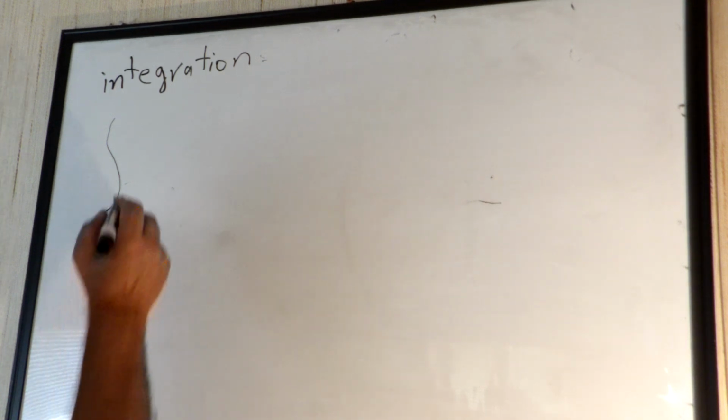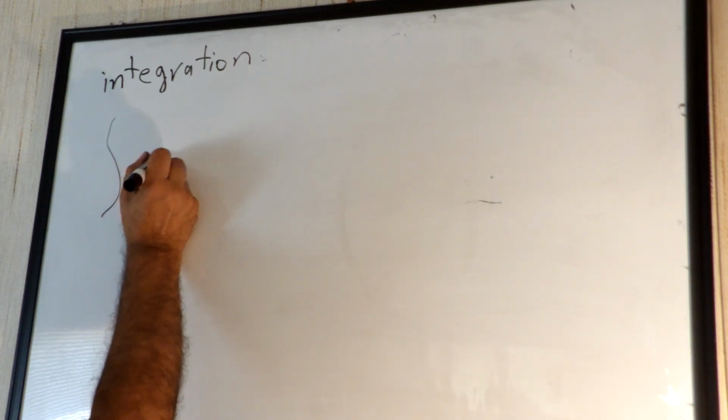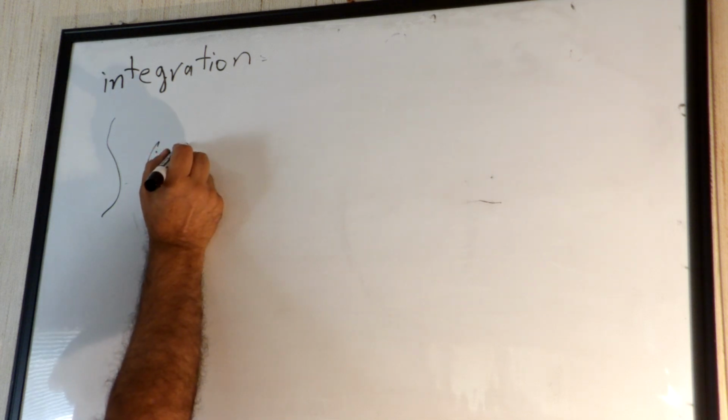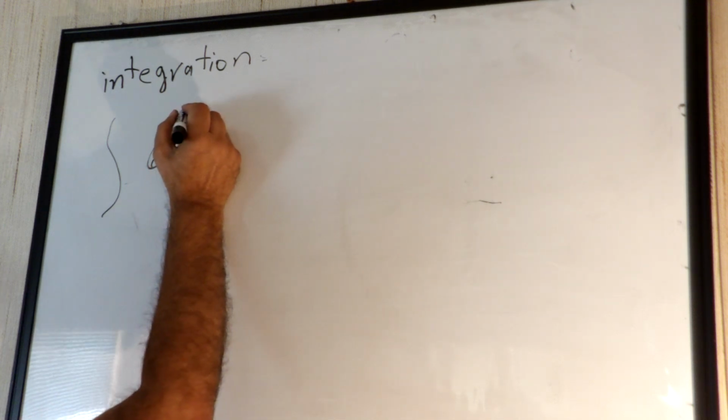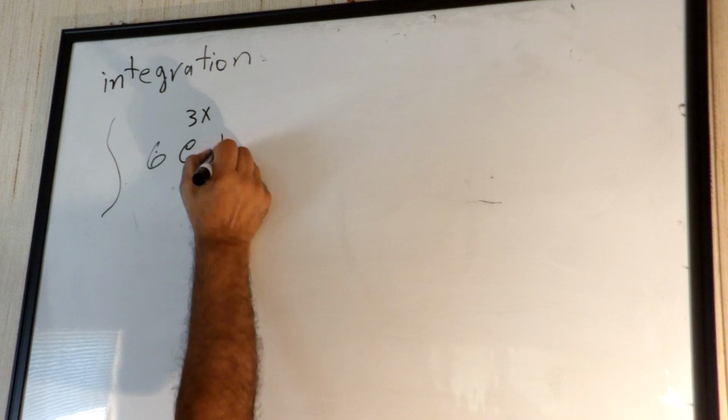Now I'll give you another example. Like we have 6 times e to the power of 3x dx. How are we going to do this?